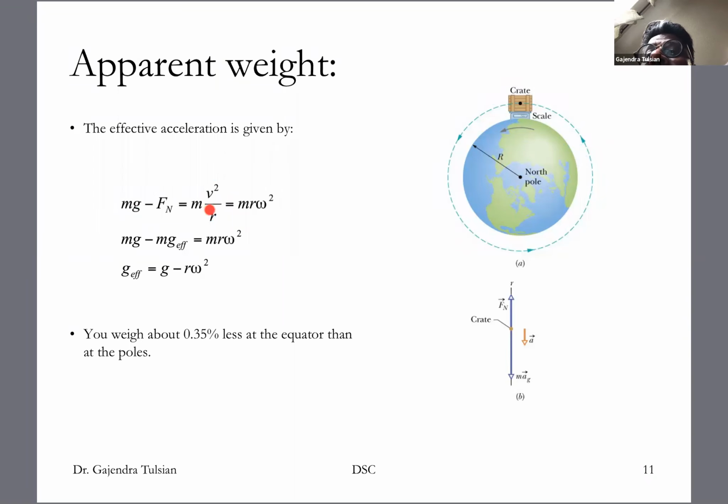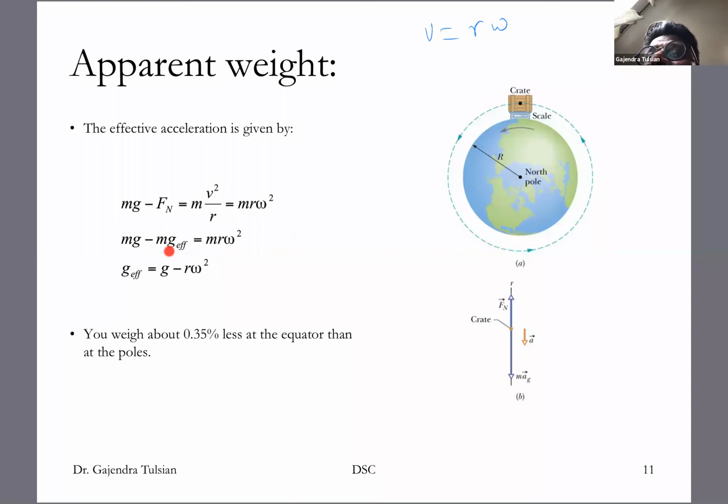And this is your apparent weight. So we write that as m times g effective. So you can solve for all of this. mv squared by r, the centripetal force, can be written in terms of the angular velocity of the Earth. v is r omega. And so from there you can get this equation.